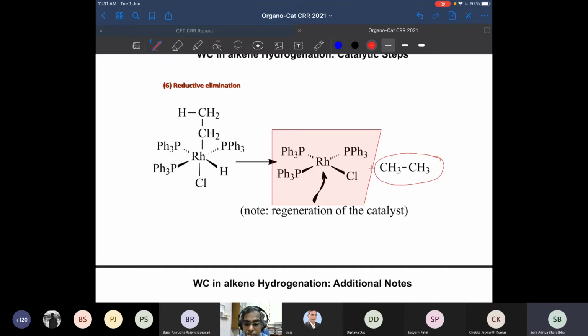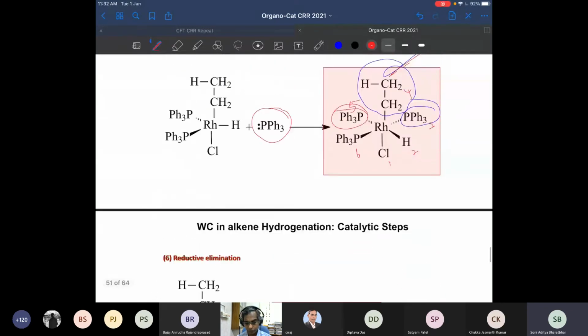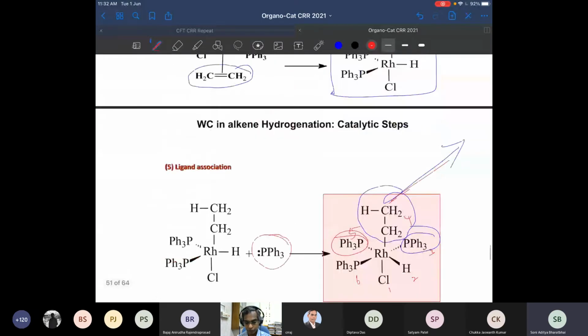Sir, when PPh3 leaves from the 18 electron complex, then we have one more complex formed in which RH is bonded to Cl, two PPh3 molecules and two hydrogen atoms. So is that a 16 electron complex with Rh plus 3?